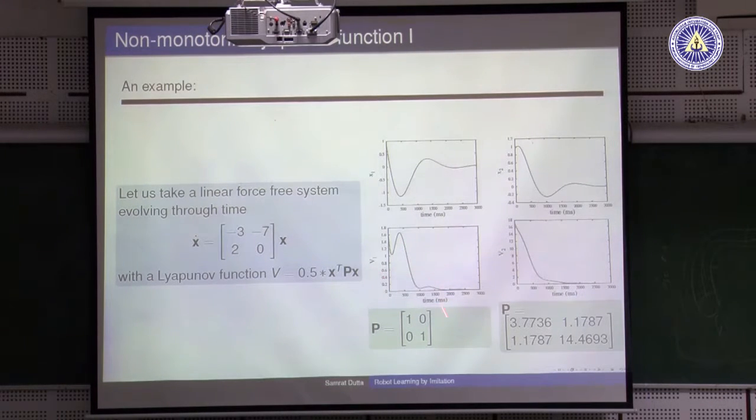This plot is when we select P as identity, so the Lyapunov function value V changes in this way. When we take P in this way, the function changes monotonically to 0, right. But in both cases the systems are stable; here V is not monotonous, whereas here V is monotonous. So, it depends on how we select the parameter P, but this is a very simple system.